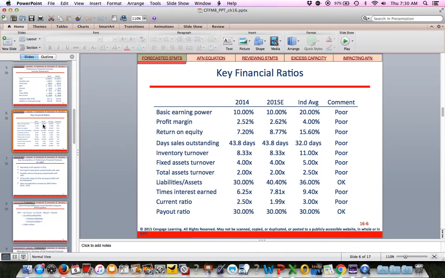The good news is that many of our ratios are improving from one year to the next, between 14 and 15, but the increase is not spectacular, and a lot of them are actually just staying the same. So it's not a whole lot of change between 14 and 15, but at least the movement is in the right direction for some of the ratios.